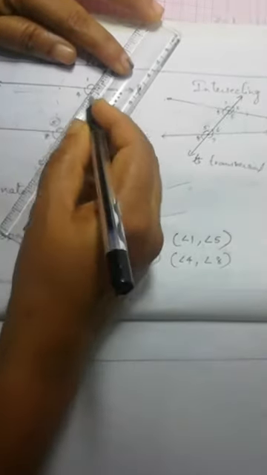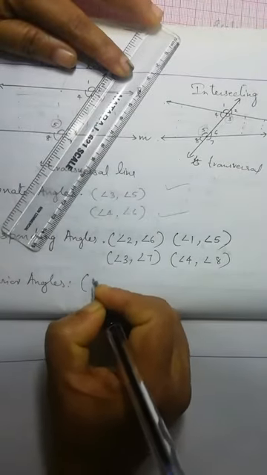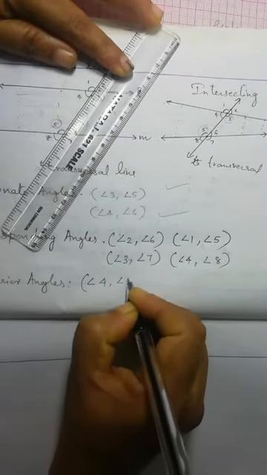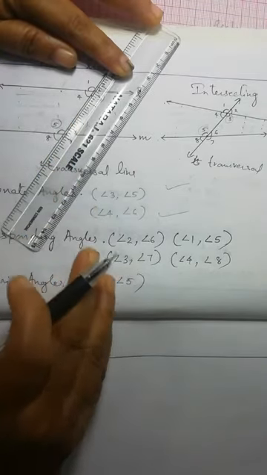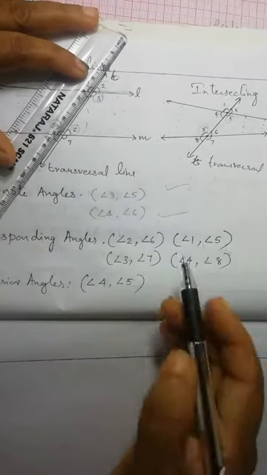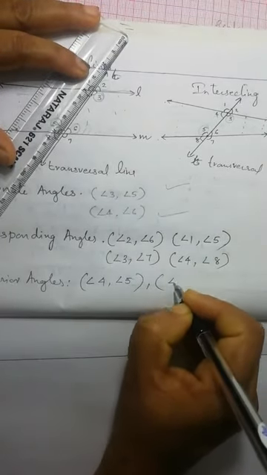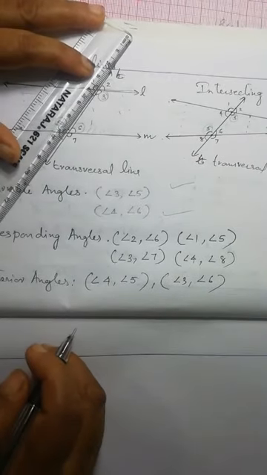In alternate, we are taking opposite sides of transversal. Co-interior means we are taking the same side of transversal. Angle 4 and angle 5 are on the same side of transversal and also the interior part. When we are taking the other side, angle 3 and angle 6 are the co-interior angles.